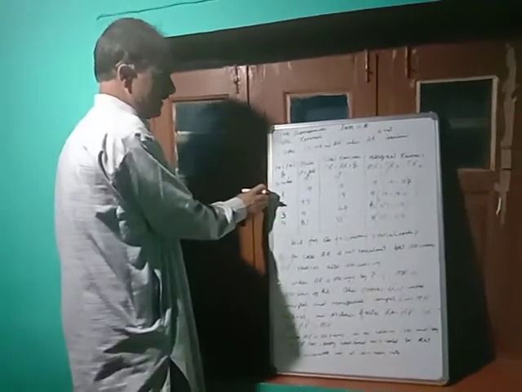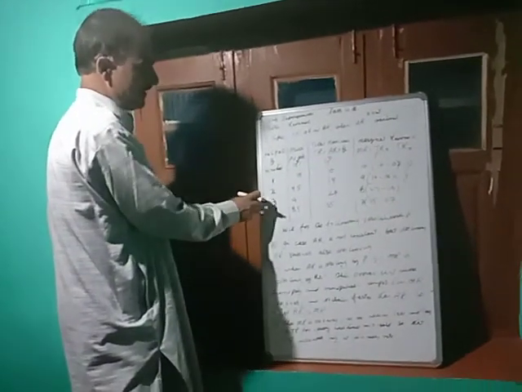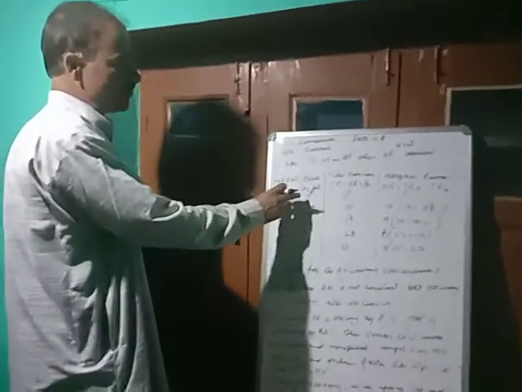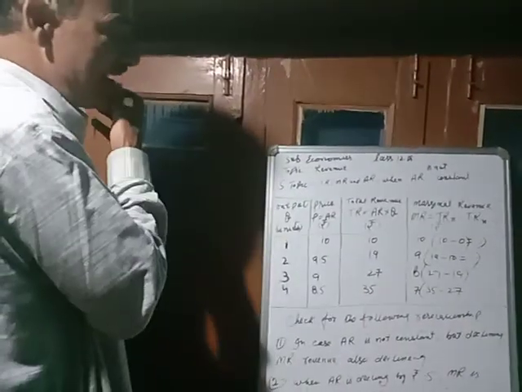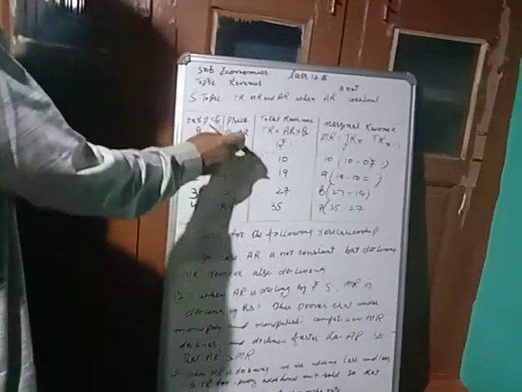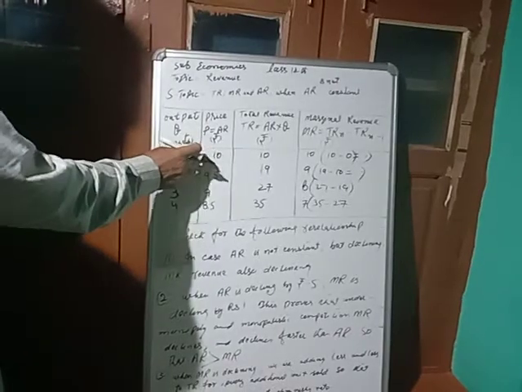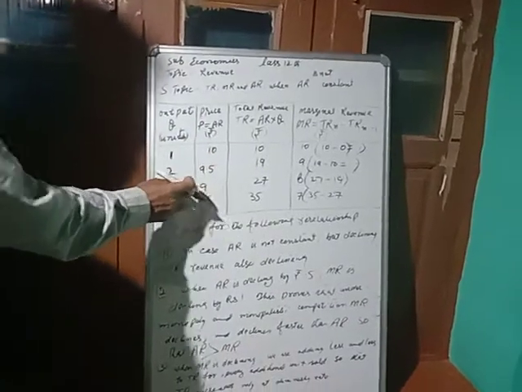When AR is not constant, here you will see that with additional units of quantity 1, 2, 3, 4, what happened to price? Here AR is not constant. It is 10, 9.5, 9, 8.5. It means it is decreasing by 0.5.